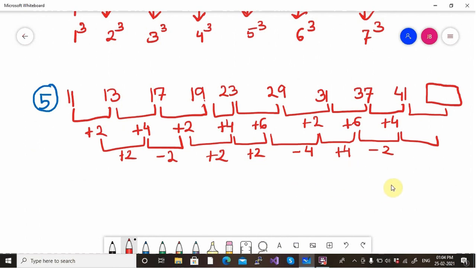So here, plus 4 and minus 2, obviously the next will be minus 2, so the answer is plus 2. 4 minus 2 is 2, then 41 plus 2, the answer will be 43.